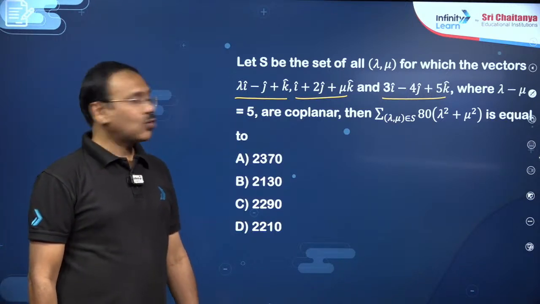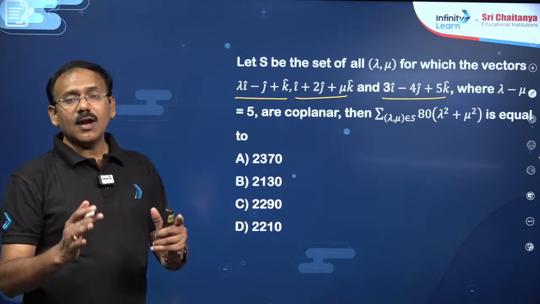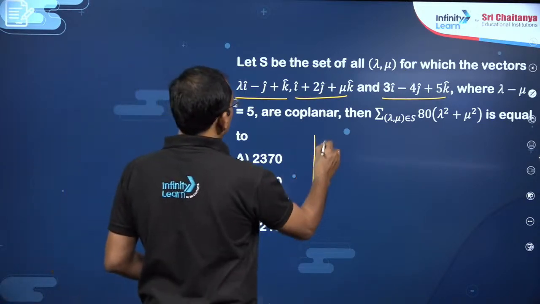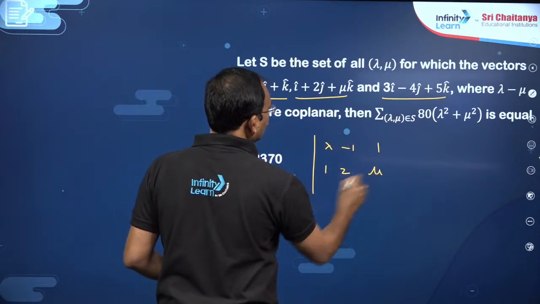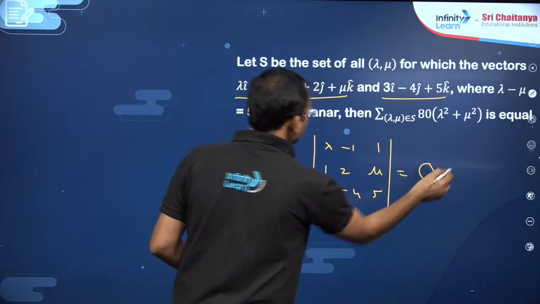If 3 vectors are coplanar, my dear friends, their scalar triple product, or box, is 0. So you can just consider the determinant with rows lambda minus 1, 1, 1; 2, mu, 3; minus 4, 5. This determinant must be made equal to 0.